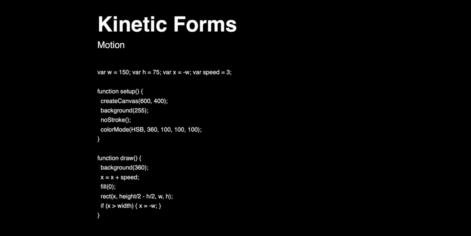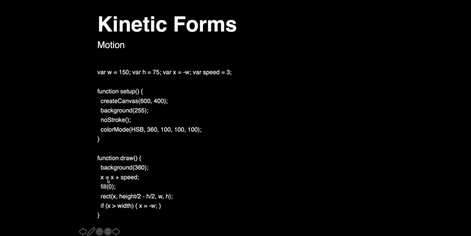And that's going to be kind of like our car moving across the screen. A variable for x, the x positioning of where that rectangle is going to start. And a variable for speed, so how fast that rectangle is going to move across the screen from left to right. In our setup, we're just going to have our create canvas again. Have a background color. I'm going to do no stroke again, and have a color mode for HSB.